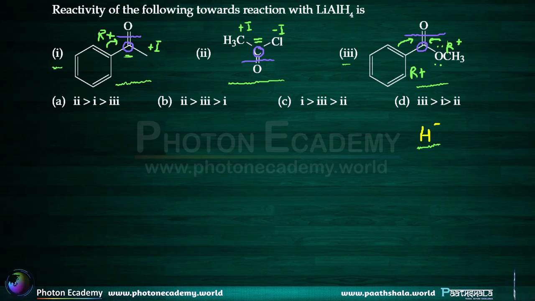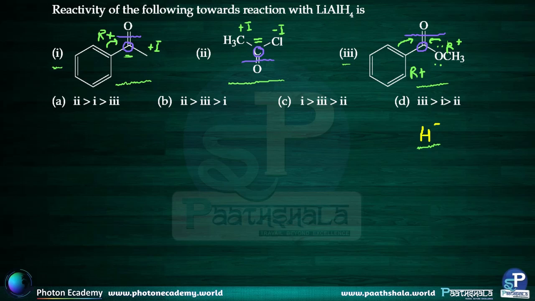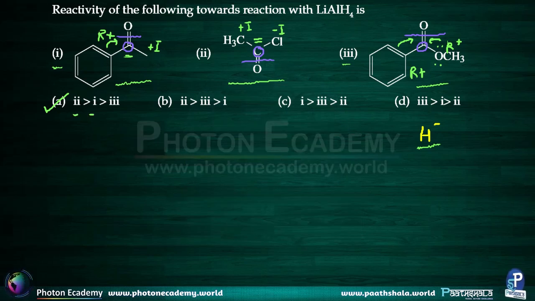Hence the answer that we get after comparing all the alternatives is going to be option A. Thus the reactivity of these compounds towards reaction with LiAlH4 is: the second compound has the highest reactivity, then we have the first compound, and the third compound has the least reactivity.